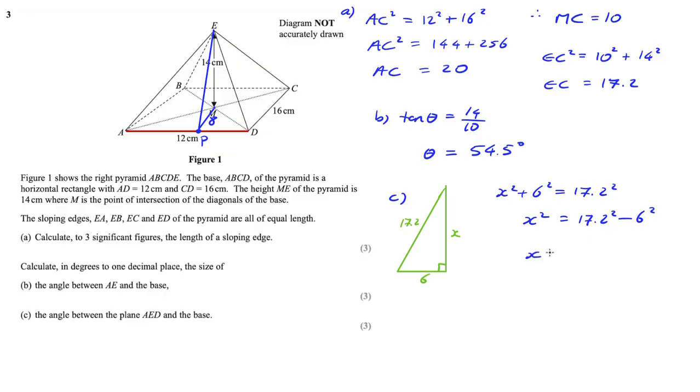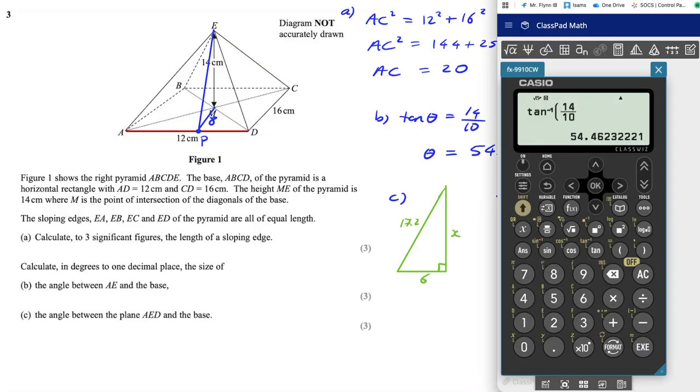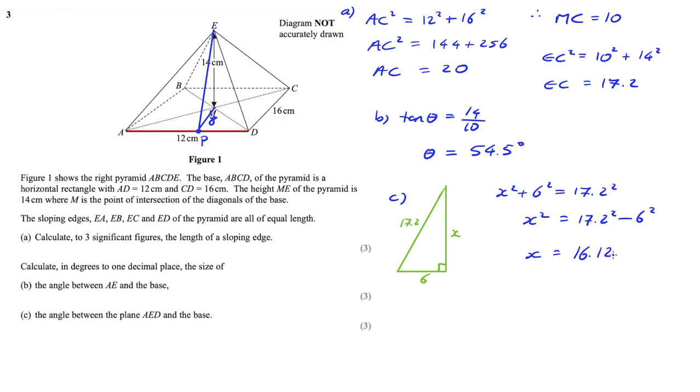X squared equals 17.2 squared minus 6 squared, and then x is the square root of that. Which to decimal is 16.12. So this length here is 16.12.